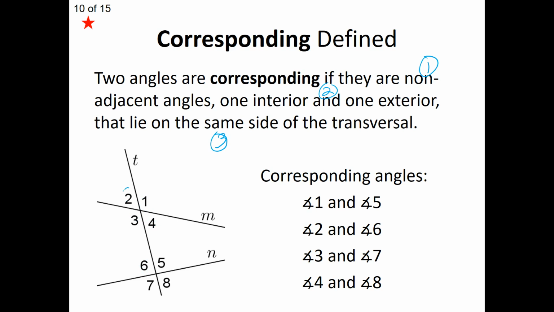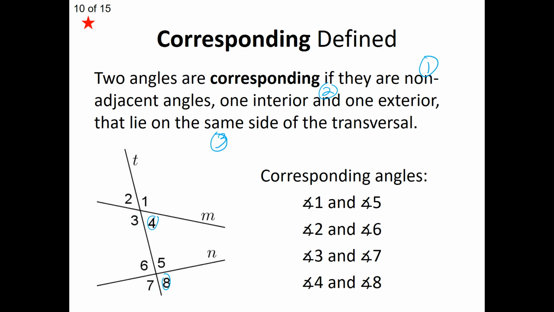For example, if I were to pick 2, then it can't be 3 and 4 or 1, and it can't be 5. It means it has to be 6 because they're on the same side, they're non-adjacent, and one's interior and one's exterior, which means our second pair of corresponding angles there are 2 and 6. And I can repeat that pattern. 3 and 7 are a pair of corresponding, and then 4 and 8 are our last pair of corresponding angles.